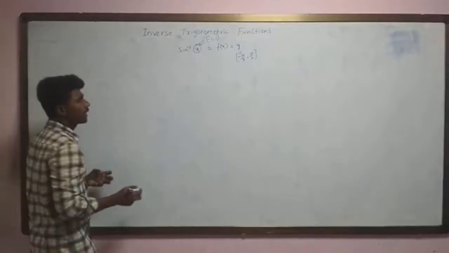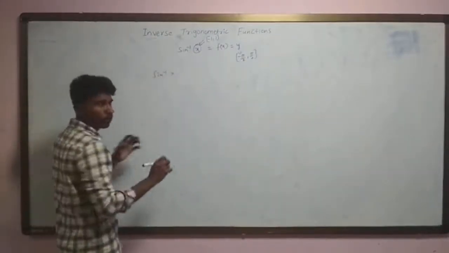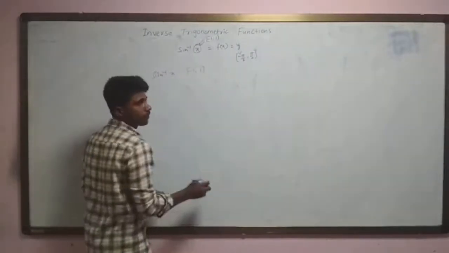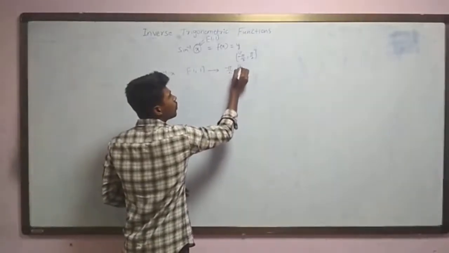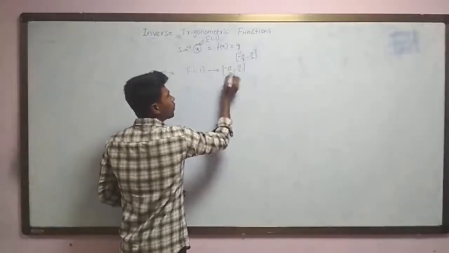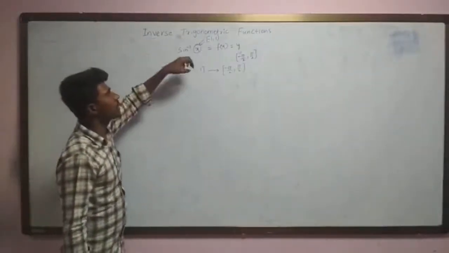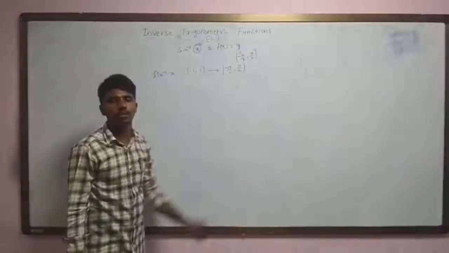So f of x equals sine inverse x is a function mapping minus 1 comma 1 to minus pi by 2 to pi by 2. First we have to decide where it lies and what result we are going to get.